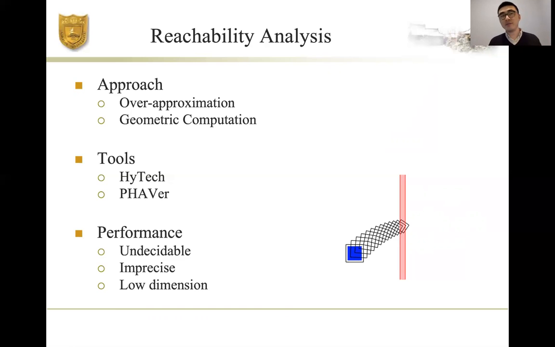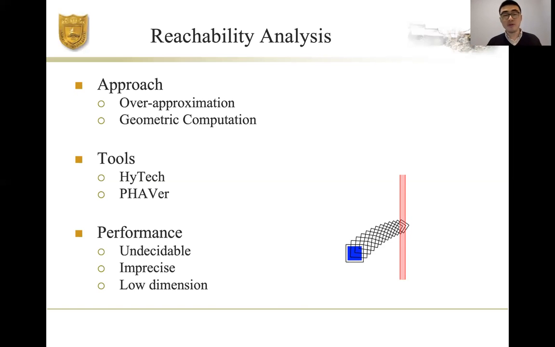But actually, the performance is not very good because, first of all, the reachability verification of linear hybrid automata is undecidable. It has been proven, because the fixed point computation may fail, so you cannot find a fixed point. And because you're using over-approximation, the result may not be that precise.